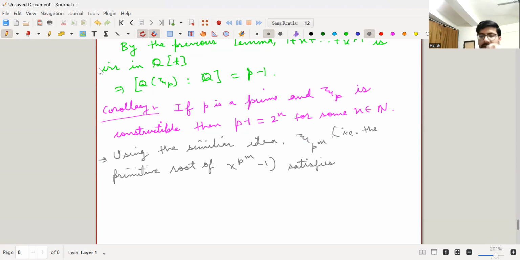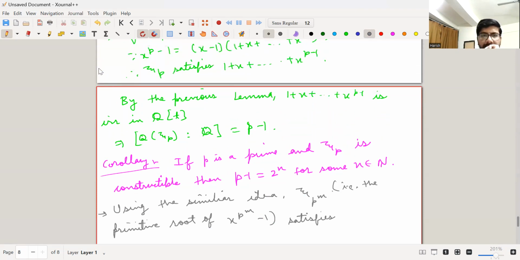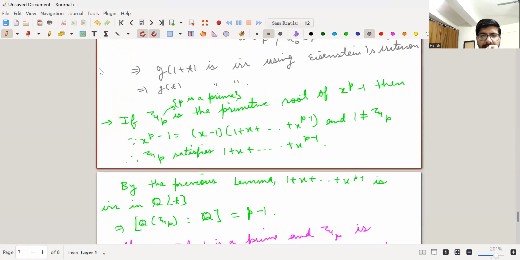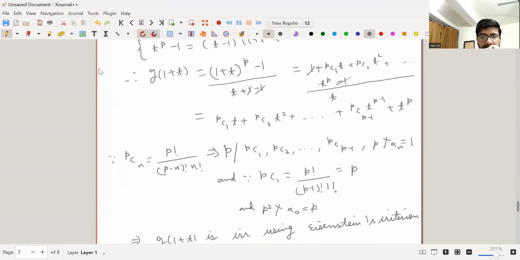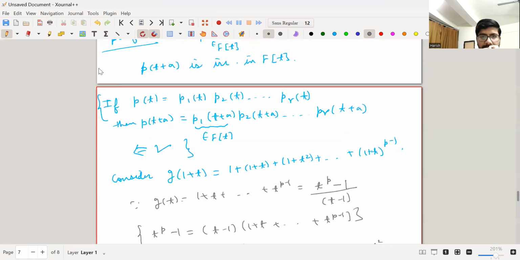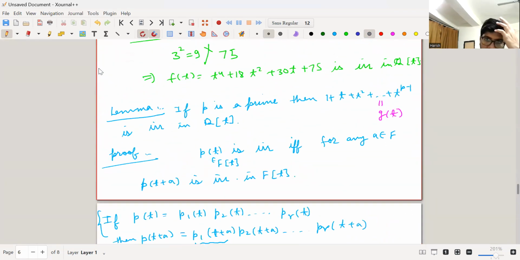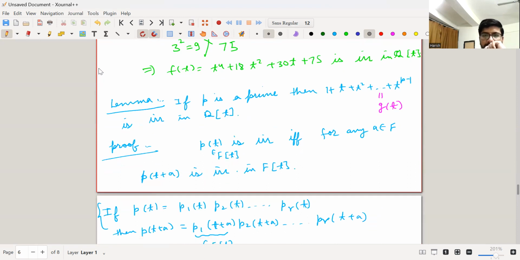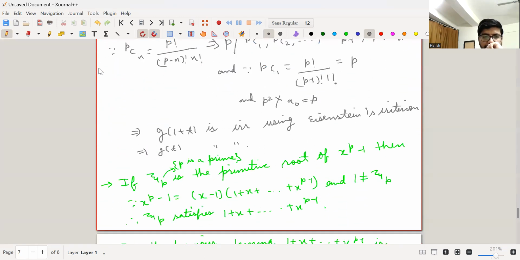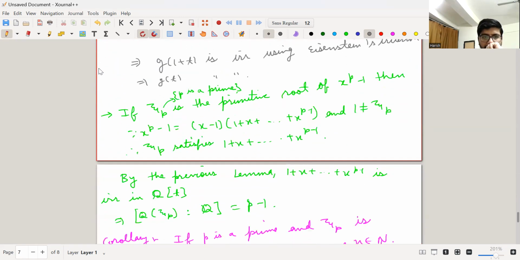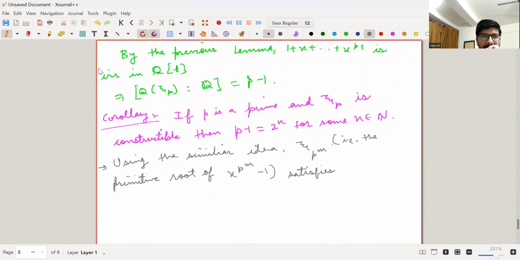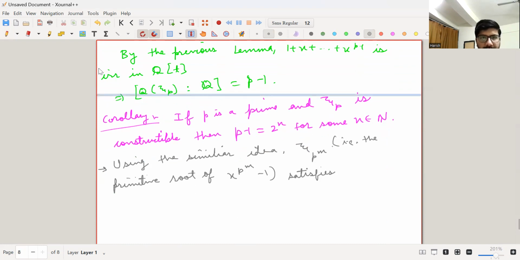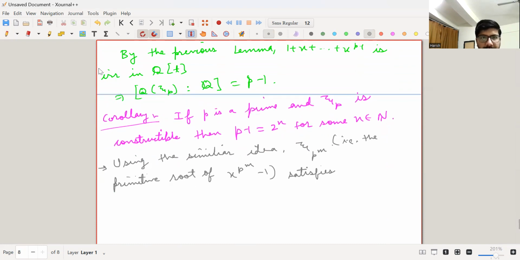Let me just give a notation because it would be easier for me then.